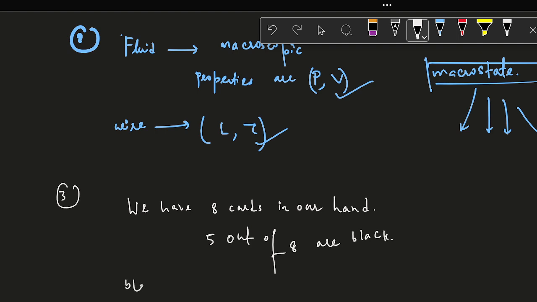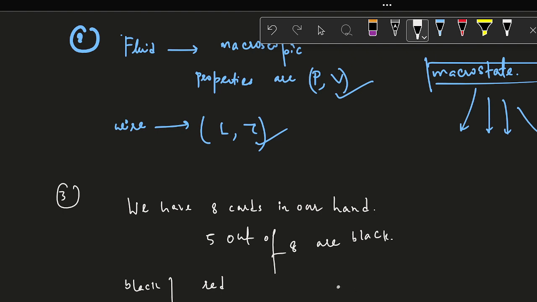That means if you just say what are the cards in your hand without knowing anything else, just based on the information that is given, then you have 5 black cards and 3 red cards. So total 8 cards in your hand.